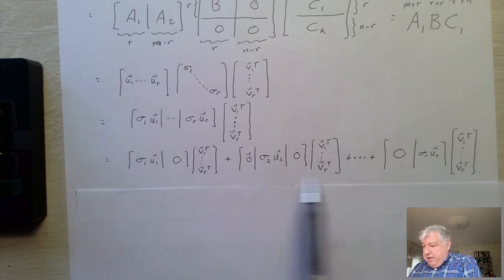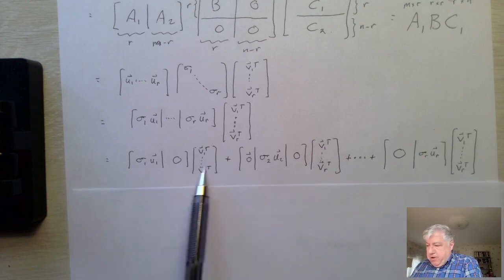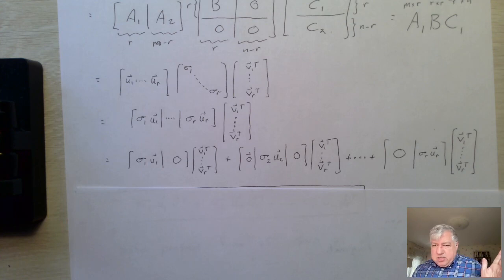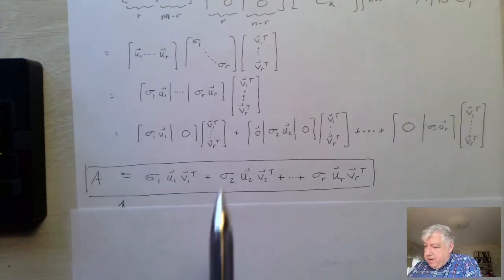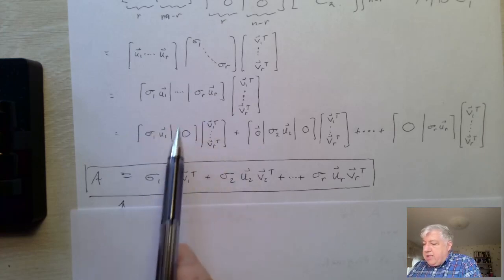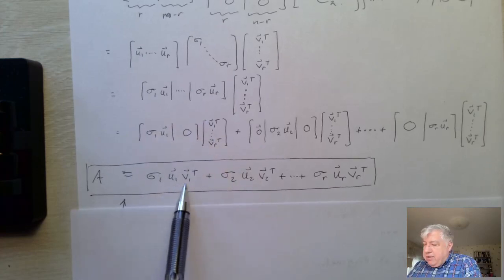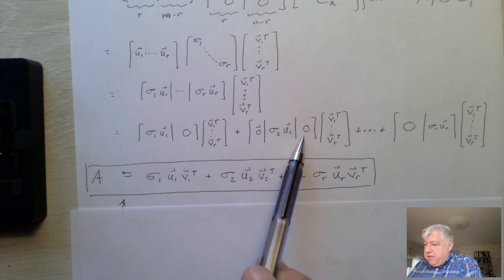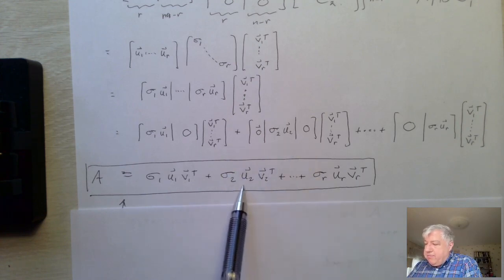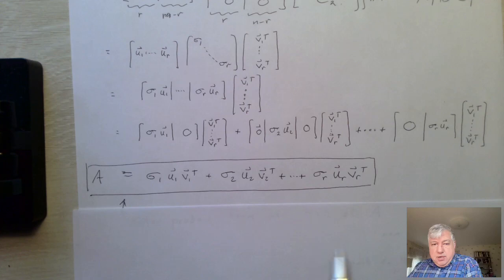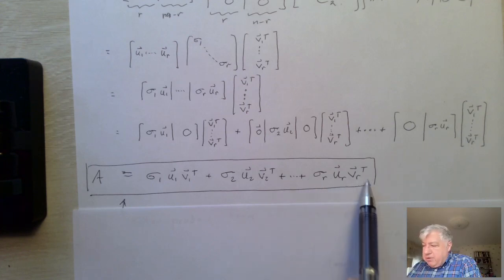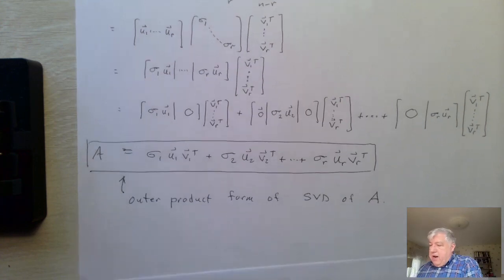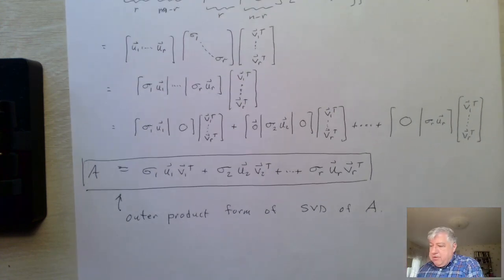The zeros cause a lot of things to go away, and what we get is sigma 1 u1 v1 transpose, plus sigma 2 u2 v2 transpose, and so on until sigma r ur vr transpose. This is called the outer product form of the singular value decomposition of A.